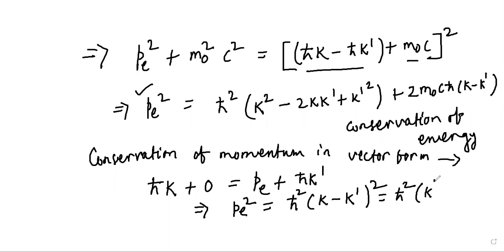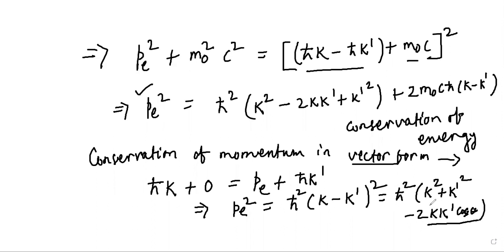Then we can write this to be k square plus k prime square, and then minus 2kk prime cos theta, because we are considering the vector form. So k minus k prime whole square is nothing but (k minus k prime) vector dot (k minus k prime). That will give us k square plus k prime square minus 2kk prime cos theta.